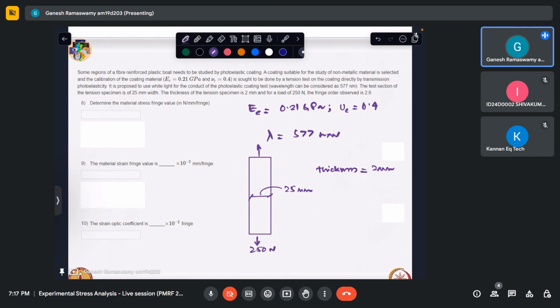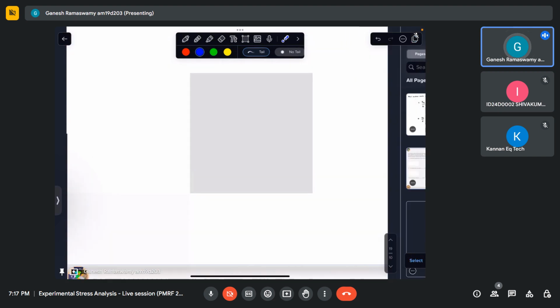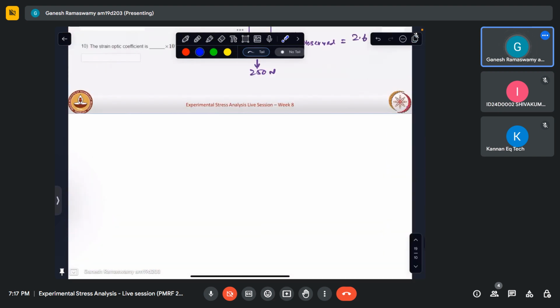Now for this problem, for the tension test on the coating material, I shouldn't say specimen here because it has an incorrect connotation, since we are actually doing this to calibrate the coating material.